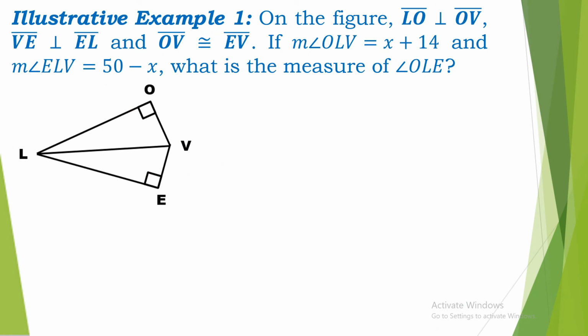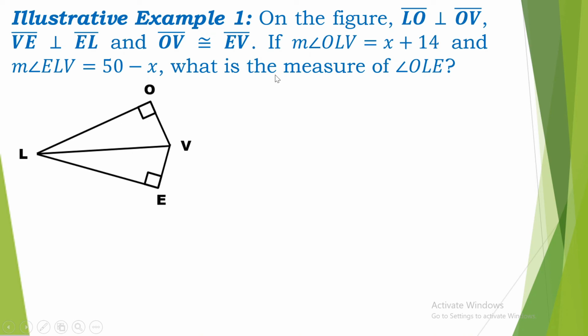On the figure, segment LO is perpendicular to segment OV, and segment VE is perpendicular to segment EL. And segment OV is congruent to segment EV.